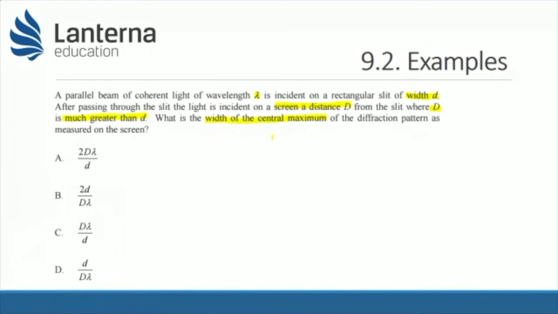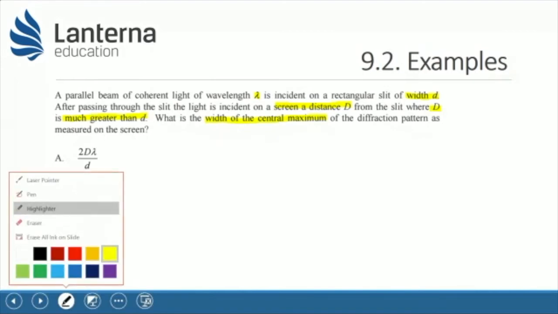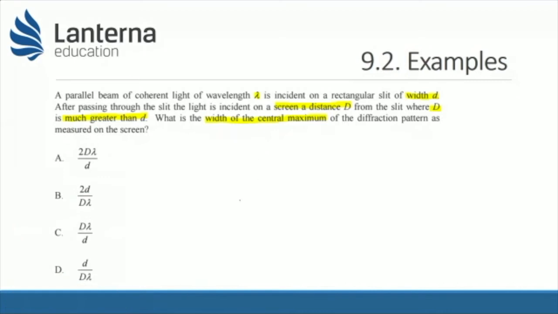Okay, so let's draw a diagram again. This is why I gave you the other diagram at the end. So if this is my slit, let's draw across from the middle, and that's going to be our x equals 0. And we have our first minimum, remember we said, is theta equals lambda over b.